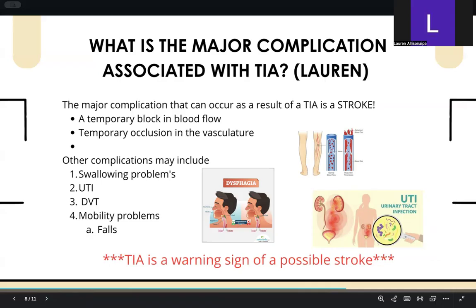And the strokes that she could suffer are most likely an ischemic stroke, which is a temporary block in blood flow, or a temporary occlusion in the vasculature. Some other complications that may occur include swallowing problems, UTI, DVT, mobility problems, or falls.